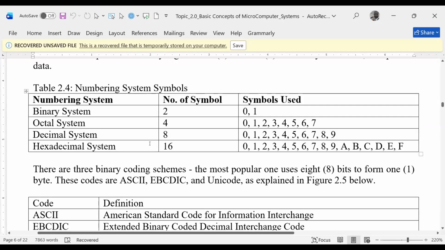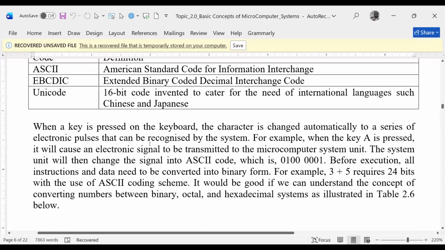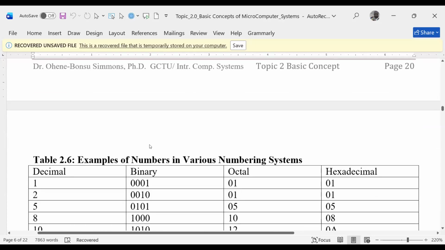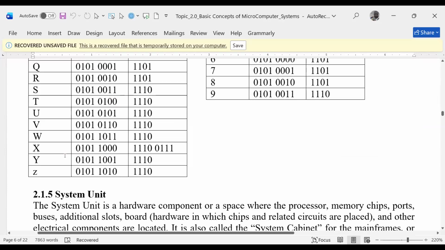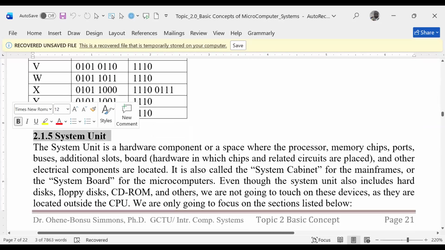Last time we did the keyboard, so all of this side is done. Let's go straight to the system unit. We are here now: the system unit.